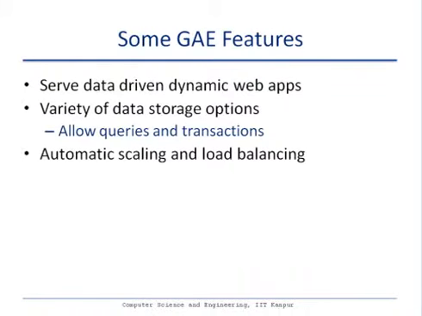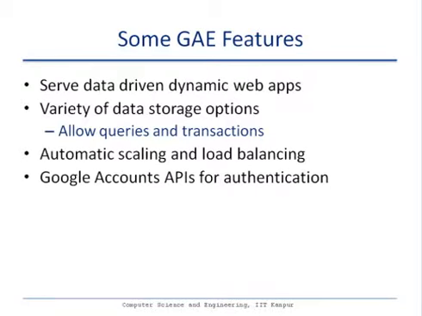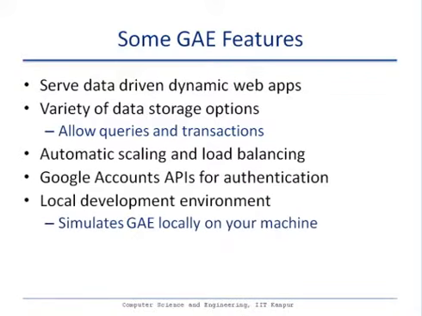Another thing is that it allows automatic scaling and load balancing of your application. And similarly, it offers you several APIs, for example, for authenticating users and authorizing the different pieces of your functionality depending upon who is the logged on user, etc. So there are APIs which support these kinds of features that you have to build in your applications. It also allows you sending emails using Google accounts.